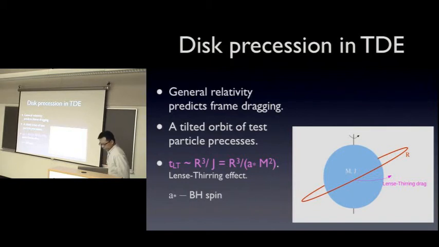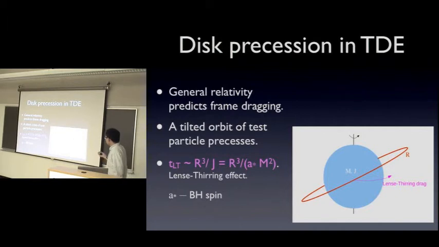So disk precession is interesting in tidal disruption events because in this context the star's orbit is probably misaligned with the black hole spin, if the black hole is a fast spinning black hole. Then general relativity predicts frame dragging, the so-called Lense-Thirring effect. Simply, the picture is the following.